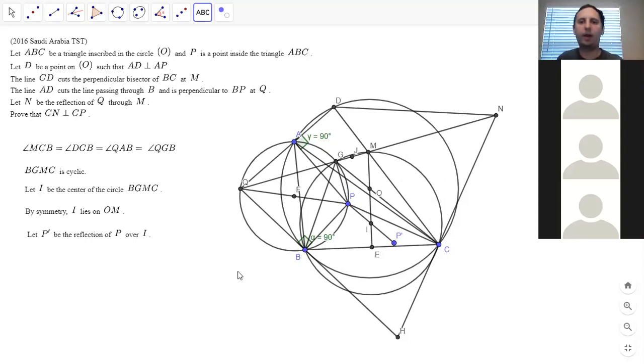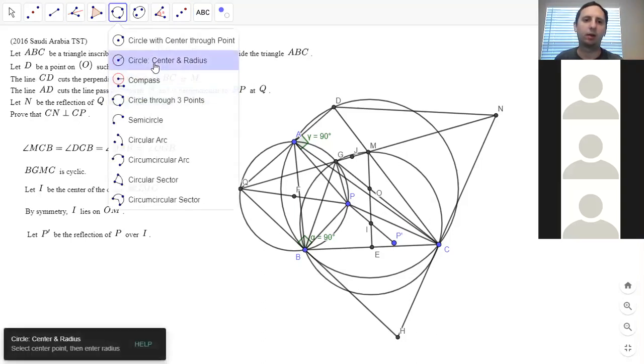We have to use that M is the midpoint of QN. We have to use that somewhere in the proof, and I don't think we've used it yet.